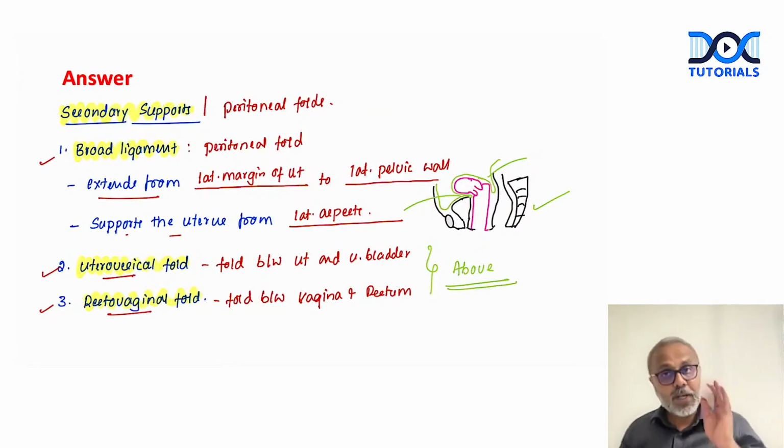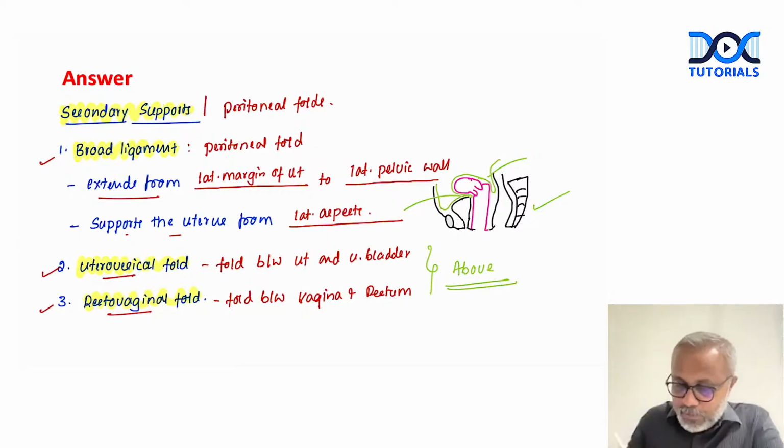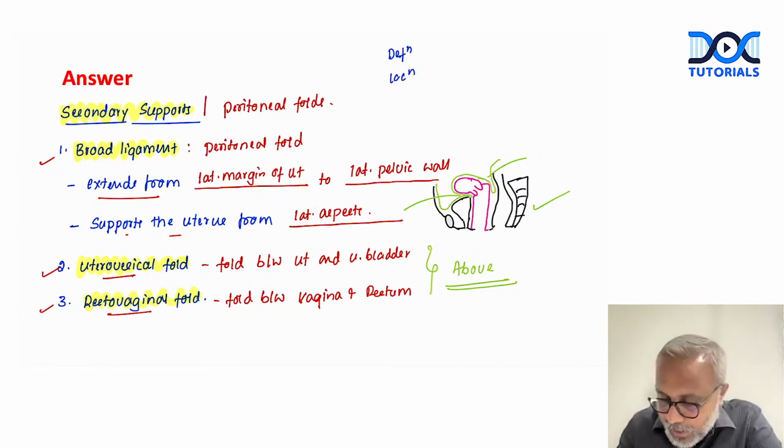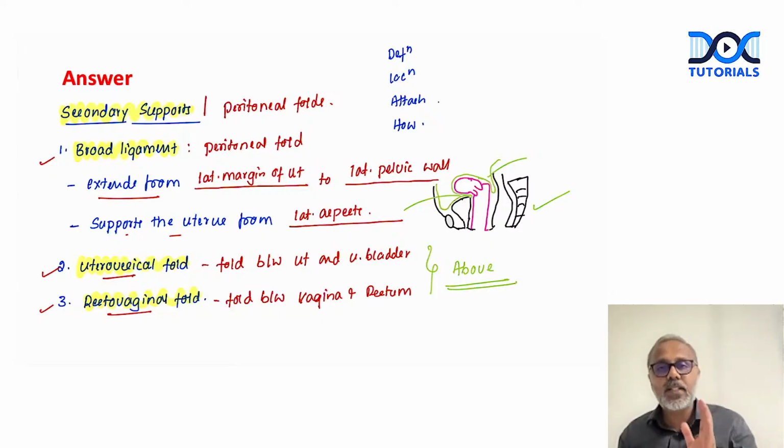So the simple template you need to follow is first define what the support is, then mention its location, then possibly a little bit about its attachment, and finally how it prevents the prolapse of the uterus. For each of the supports, if you are able to describe it under these headings, nothing like it.